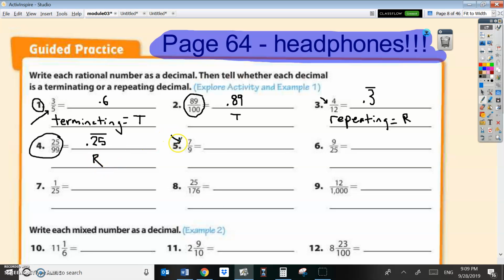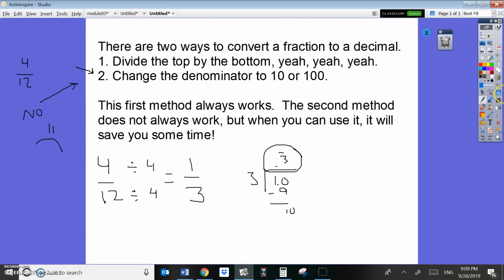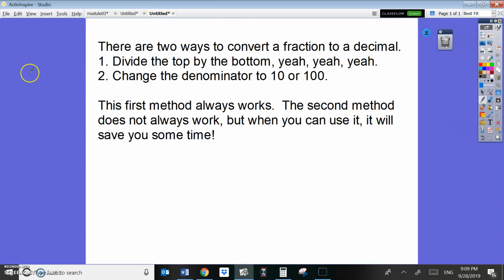Okay, 7 over 9. Will method number 1 work? Yes. Will method number 2 work? No. So we have to divide it. 7 divided by 9.